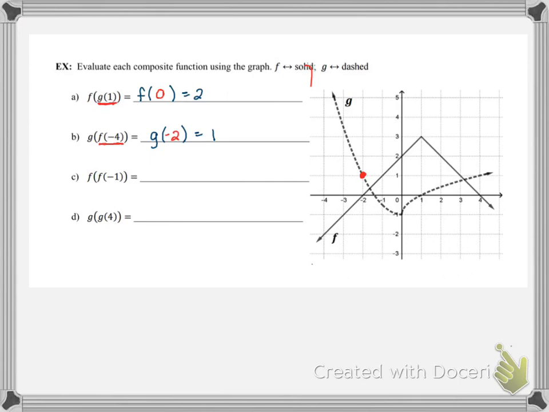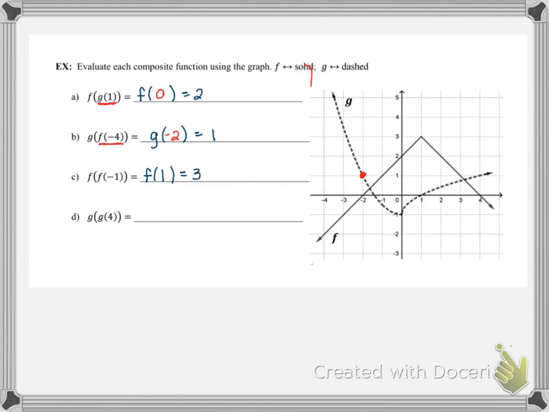You guys want to try the other two? Okay. Do C and D. So find f of negative 1 first and replace it. And then evaluate that. It's 1, and that gives us 3.